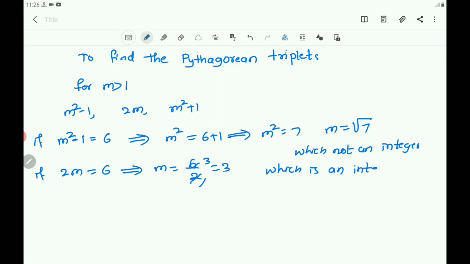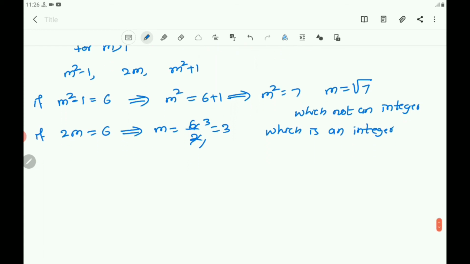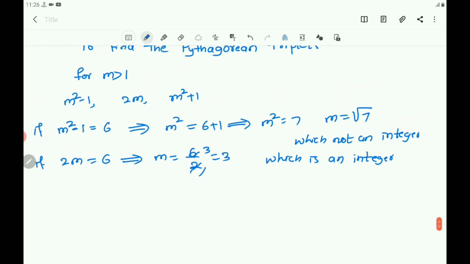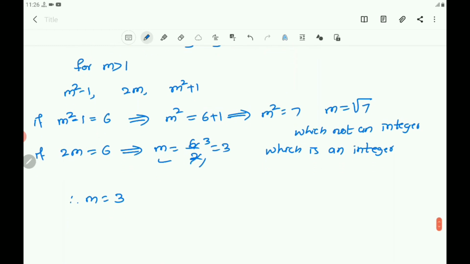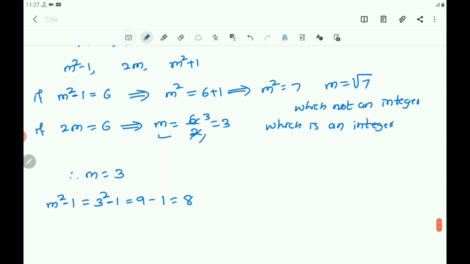Therefore, you take m equals 3. Then you find m square minus 1: 3 square minus 1 equals 9 minus 1 equals 8. And the second one, 2m equals 6, we got here.